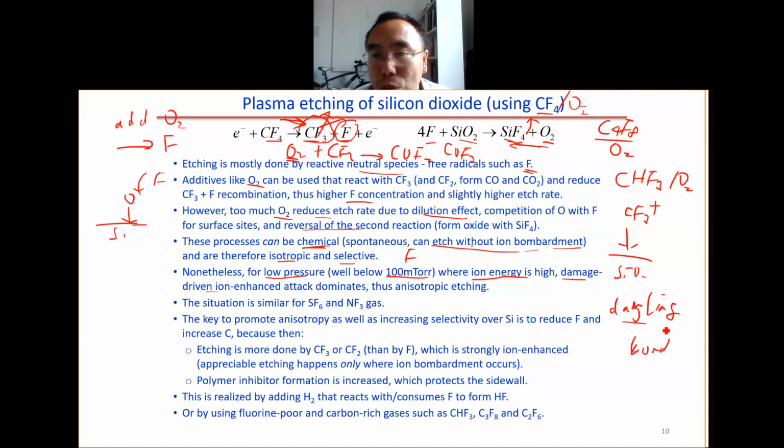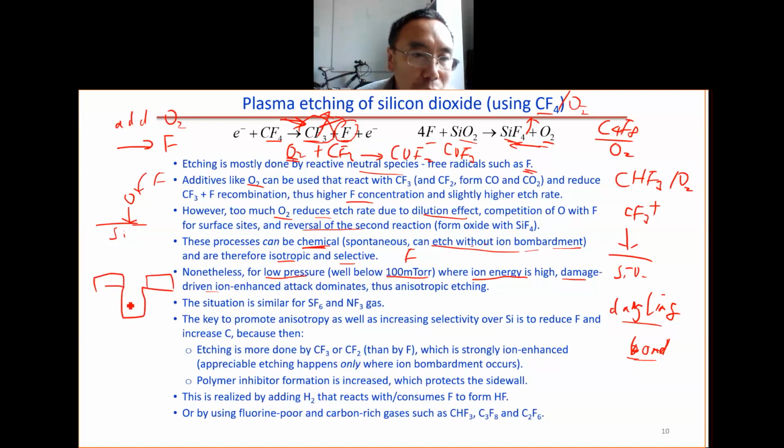Those dangling chemical bonds make the material easier to etch. So if we have a structure like this, where this is the mask, the bottom part gets this bombardment, so the bottom part will etch faster than the lateral etching, rather than having isotropic etching. The situation is similar to SF6 and NF3. When we have high ion energy, the ion damage makes the dangling bonds, and the etching will be more vertical.